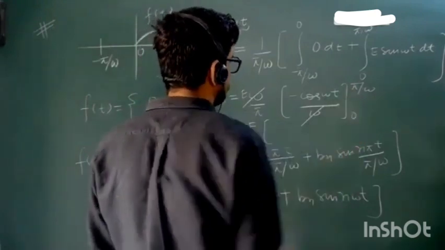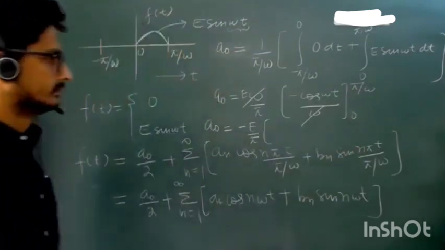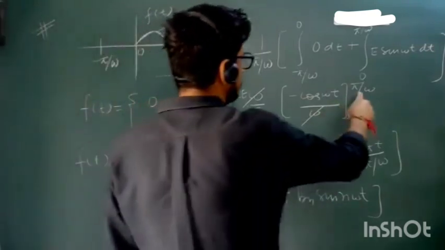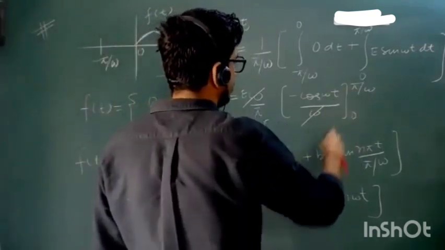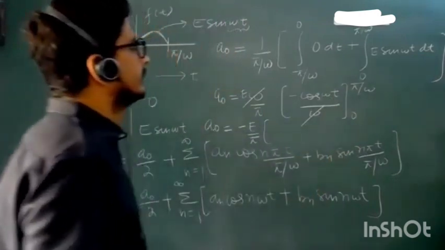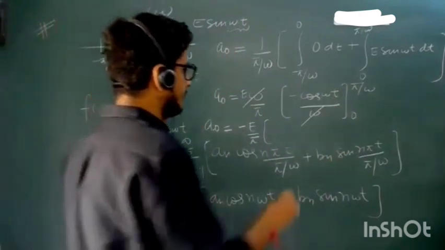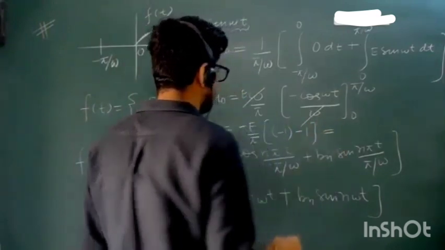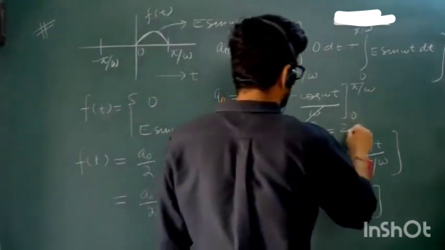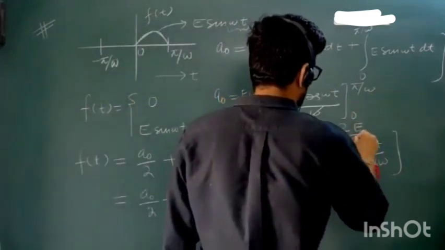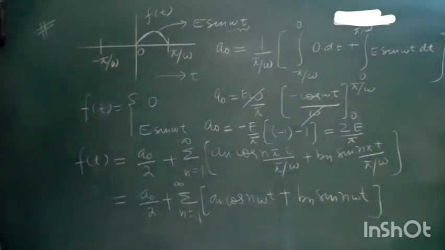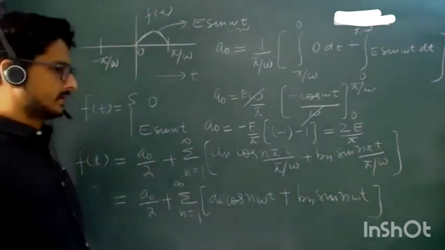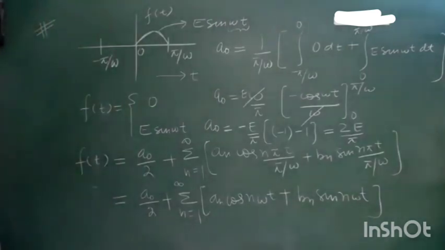So what it will give? Cos omega t, where t will be pi by omega. So cos pi, which is minus 1, and minus 1. So this will give me 2e by pi. This is the value of a naught. Correct?